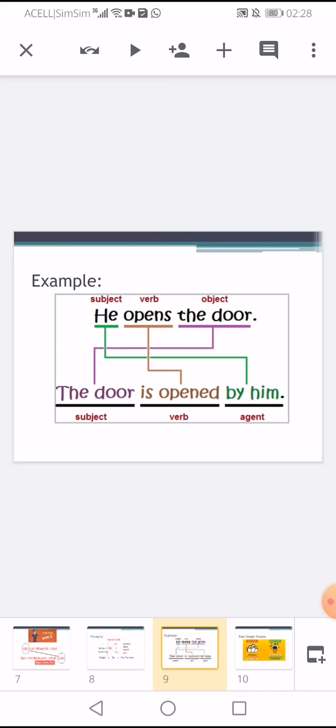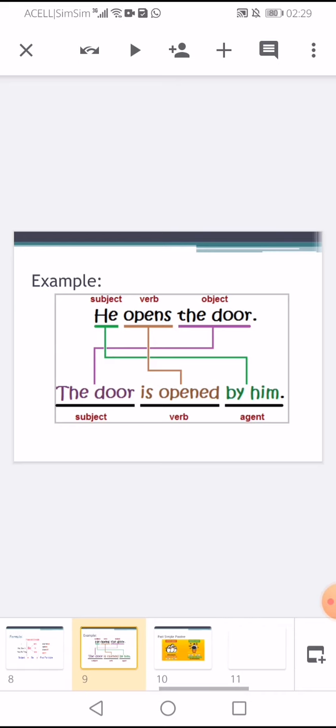And when you want to emphasize the receiver of the action and not the doer, you can use passive voice. At the end of the passive sentence, you may state the agent by means of by, as in this example: the door is opened by him.